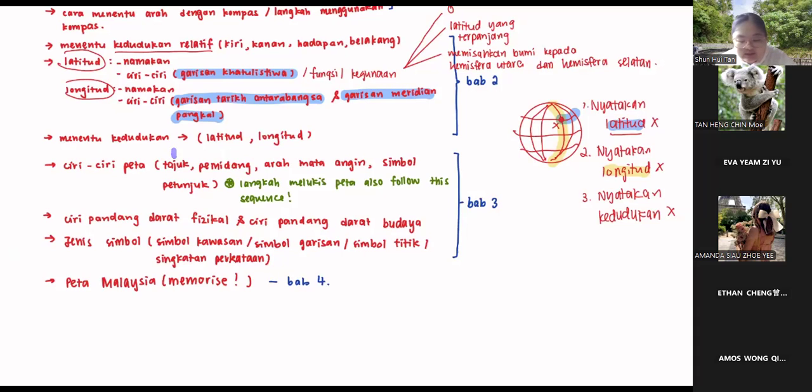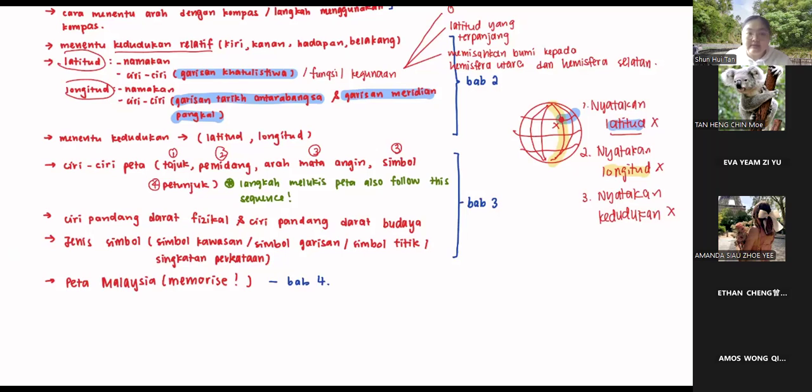First, writing the tajuk, menulis tajuk peta. After that, melukis bingkai, meletakkan arah mata angin, memilih dan melukis simbol, menulis petunjuk. This is the sequence.